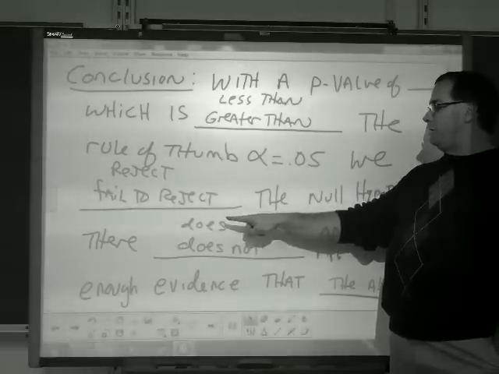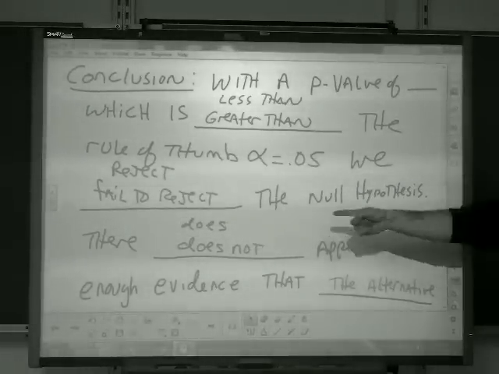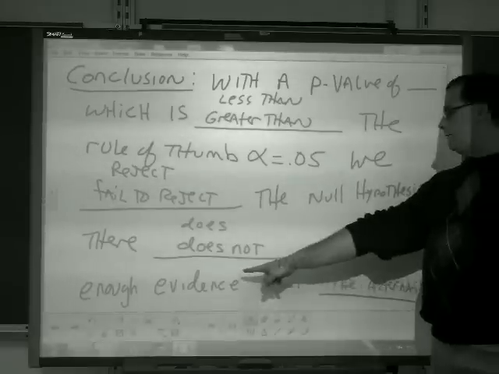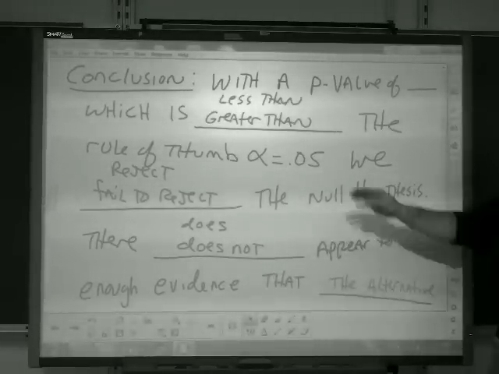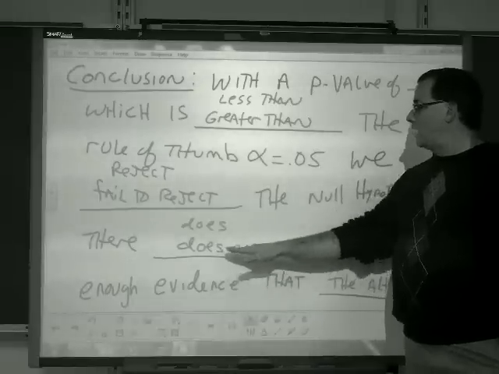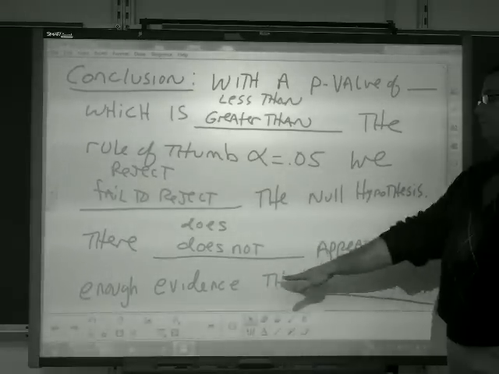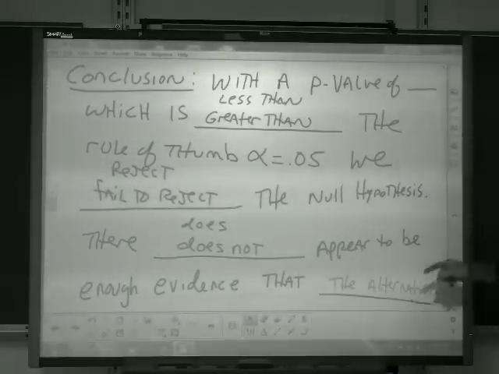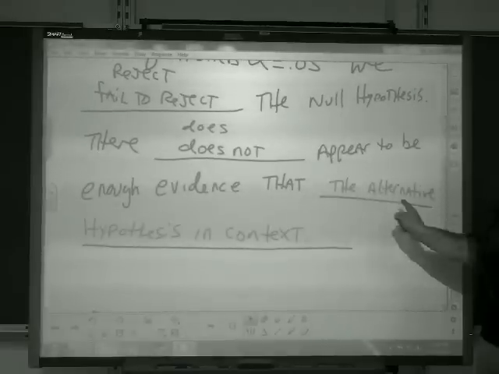If it's less, we will reject. There does appear to be enough evidence. If it's greater than, we fail to reject. There does not appear to be enough evidence. And then state whatever the alternative hypothesis is.